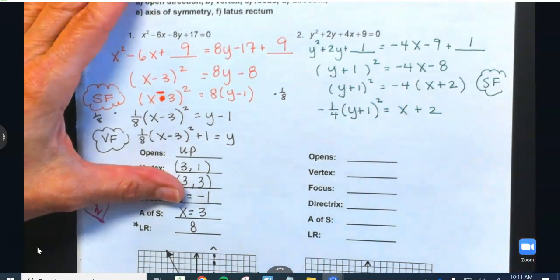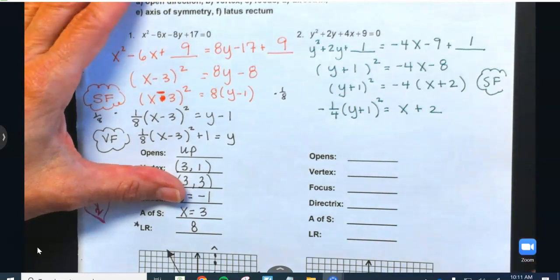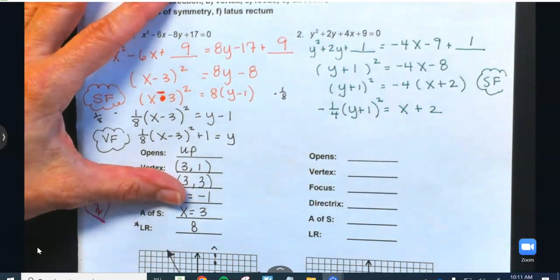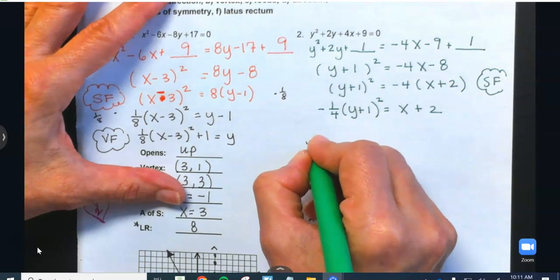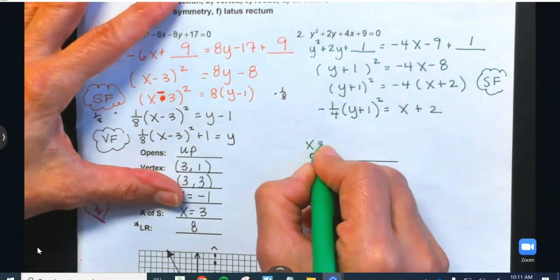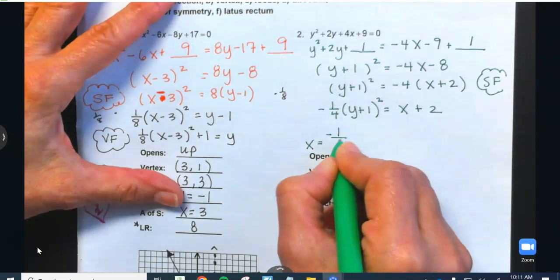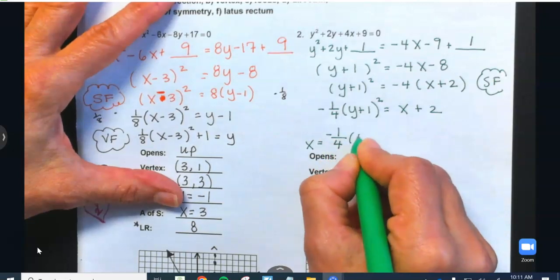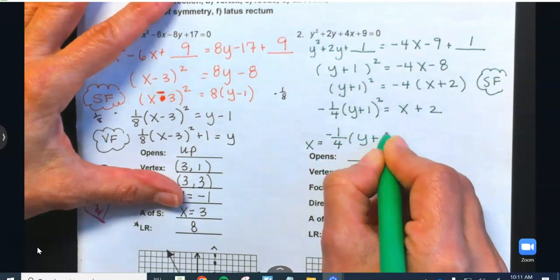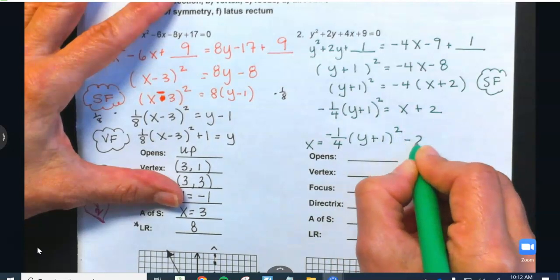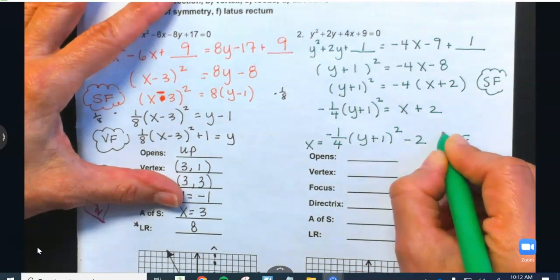All you got to do now is move that 2 over, and then that's it. That's going to be vertex form. I'm going to write it right above this because I'm going to adjust my screen to fit as much as I can. Okay, that's vertex form.